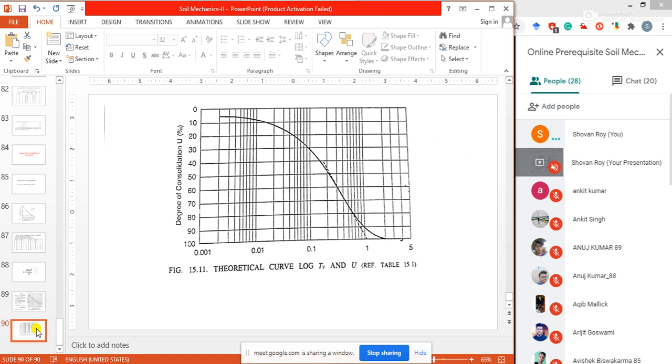The only difference is you have to use semi-log graph paper to plot your data.